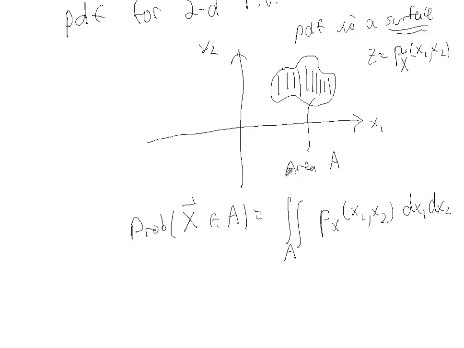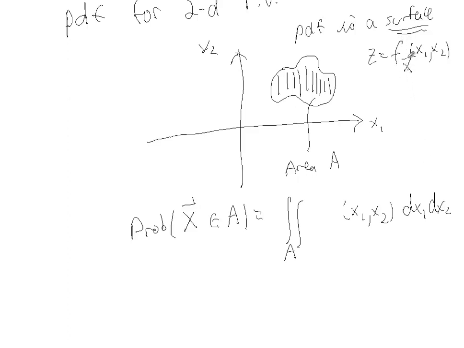Just remember that in two dimensions, the probability density function is a kind of surface. Now, just to agree with him, I'll go ahead and change this back to an F, because he's calling it F. He actually writes it out in components, but I'm going to write it as a vector.